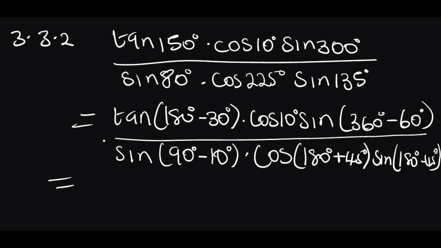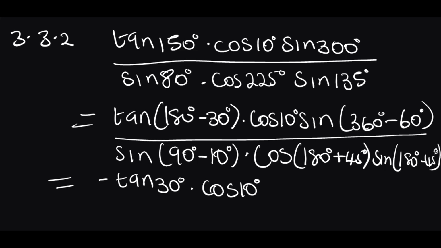Right, now this is the second quadrant where tan is negative. We have negative tan 30 degrees times cos 10 degrees.